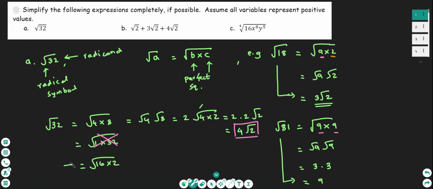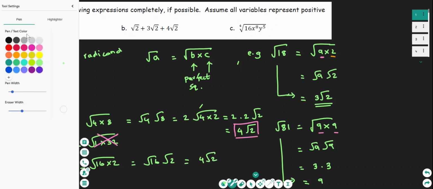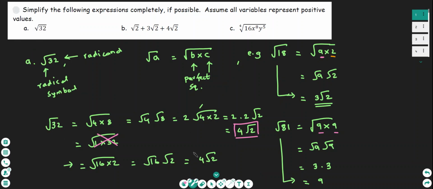So here we have written this as square root of 16 times 2. And so this can be written as a product of two radicals, that is square root 16 times square root 2. We know that square root 16 is 4, and then the square root 2, we write it as it is. So in both ways, we are getting the same answer, that is 4 times root 2.